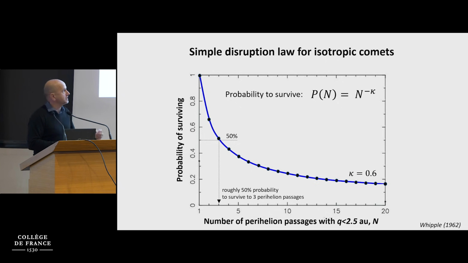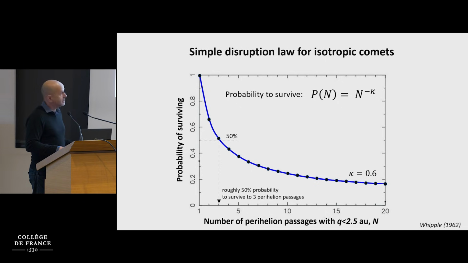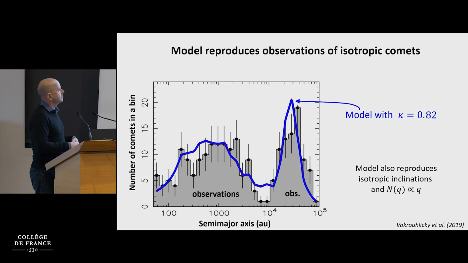So in this setup, comet disruptions happen all the time, right? This is the result when we combine the dynamical model with this physical effect and adjust kappa so that the fit is good. So you have the observations with the error bars, and this is how the model reproduces it.